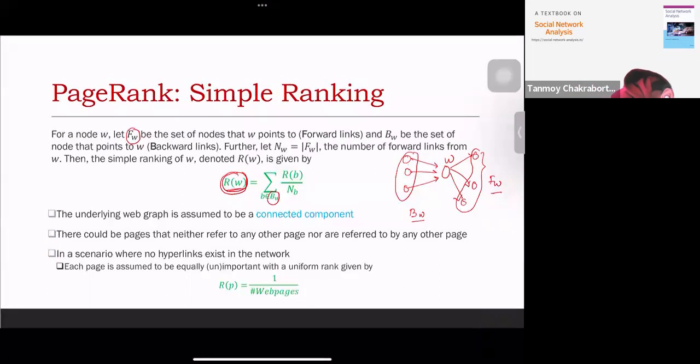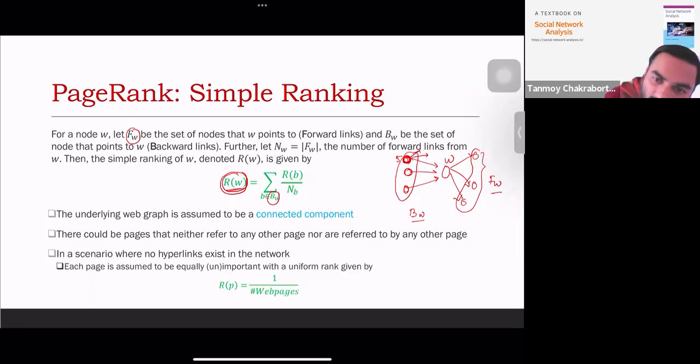Now we basically look at the impact of each of these backward neighbors. Say for example this node has some impact, let's say the impact is 5.